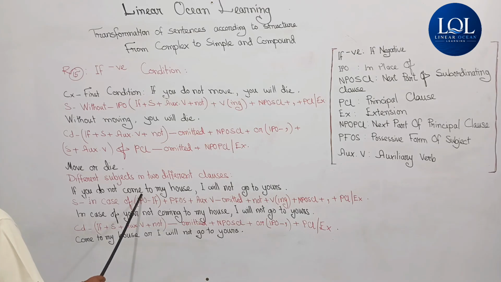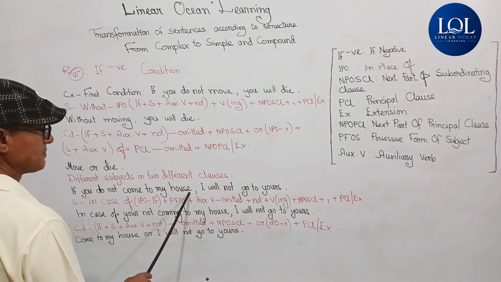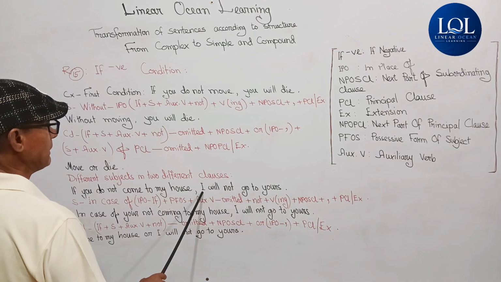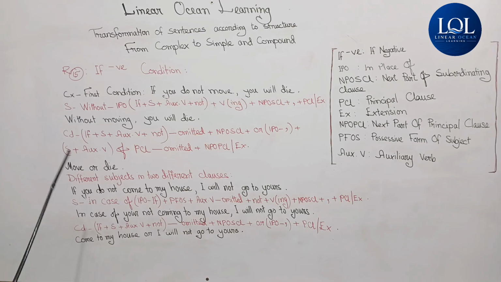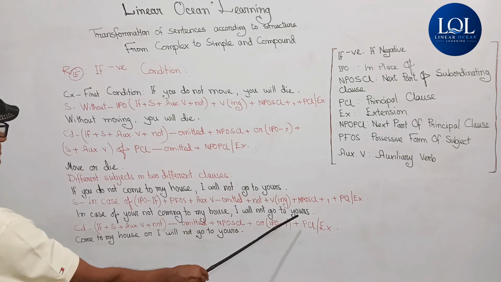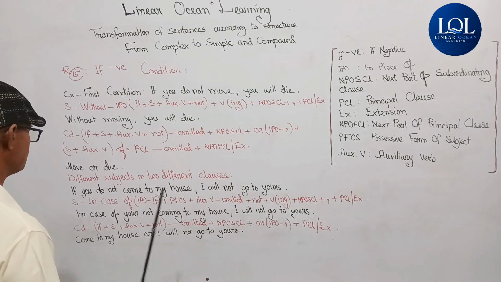The verb ing of come is coming, plus next part of subordinating clause, to my house, plus comma, plus principal clause or extension. If we follow the structure, the simple sentence we are getting is, in case of your not coming to my house, I will not go to yours.